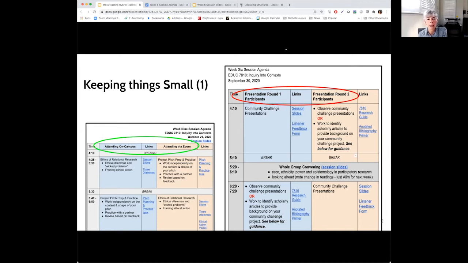If you were in the presentation round 1 group, you started out with presentations. And then you went into the whole group convening, where we had a discussion, an interactive lecturette, on race, ethnicity, power, and epistemology and research. And then they went off and began to work on tasks that they needed to get done for the next session. This was very much a project-oriented session.